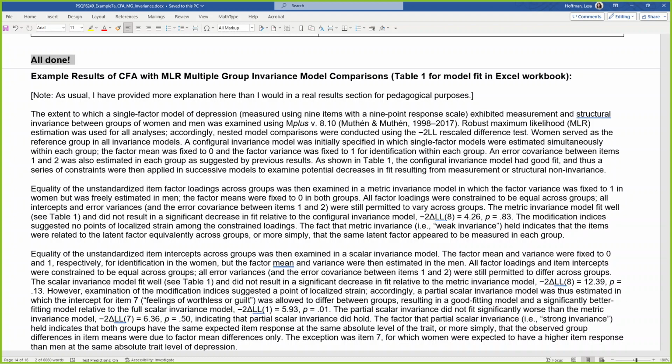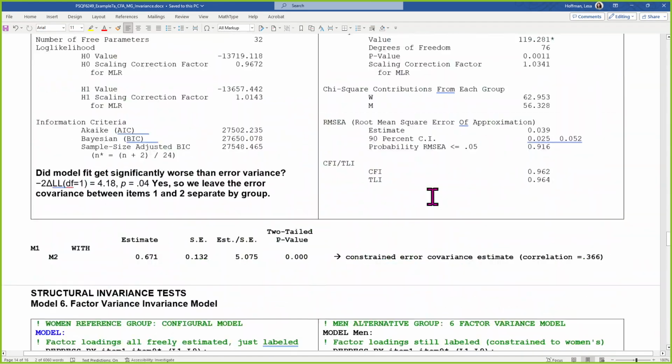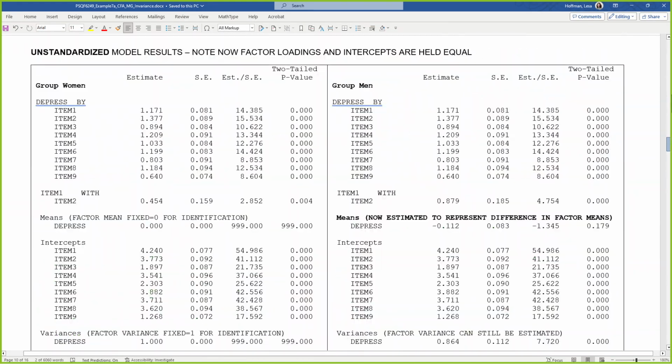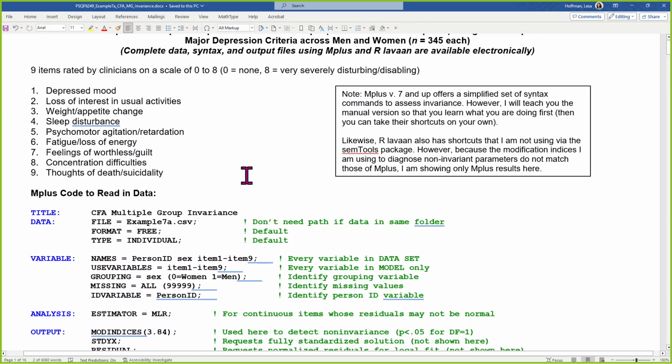Yes. The idea is if you just get a sum score and do a t-test to compare the means of the sum score, let's say that women were higher in depression. You don't know if they're truly higher in the trait or if their expected responses are different because the items are functioning differently. Let's go back to the items for a second here to be more concrete. I'll pretend I'm a clinical psychologist today.